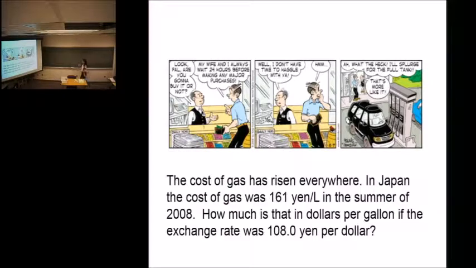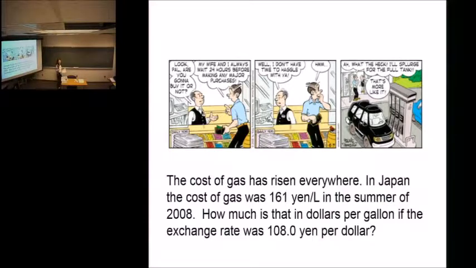All right, so how do we do that? English and metric units there. I've got yen on top. What goes on the bottom? I look at my conversion factor: it's 108 yen on the bottom, and $1 on top. Yen cancel. I'm left with dollars. I'm getting there.